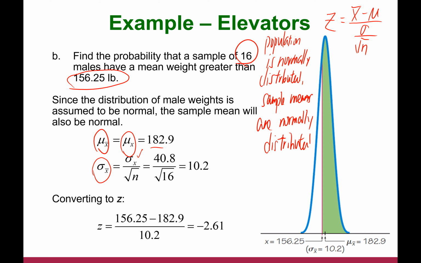So it's 40.8 over the square root of 16. The square root of 16 equals 4, so 40.8 divided by 4 is 10.2. Now you apply the central limit theorem here, then plug in the sample mean.